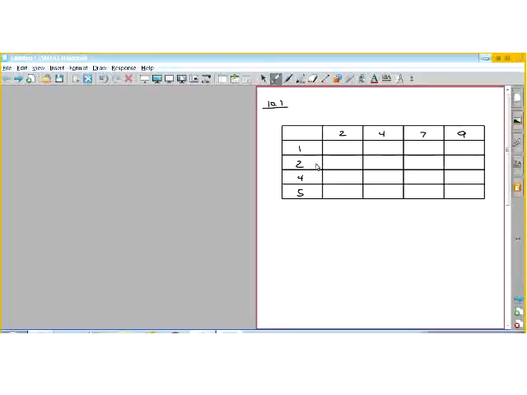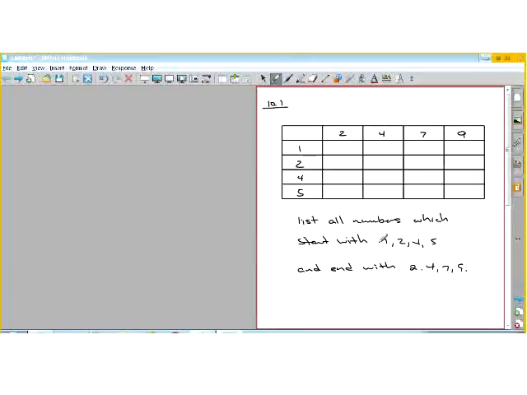So let's say I want to create or list all numbers which start with 1, 2, 4, and 5, and end with 2, 4, 7, 9.